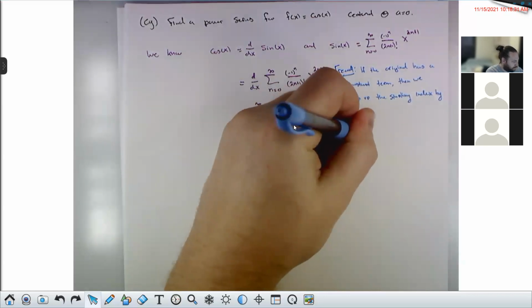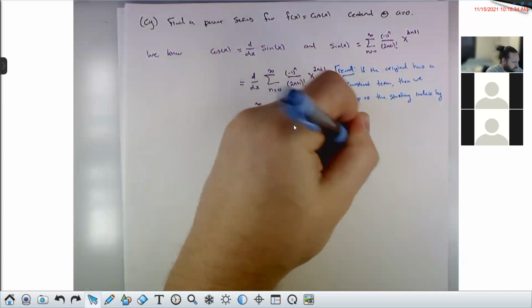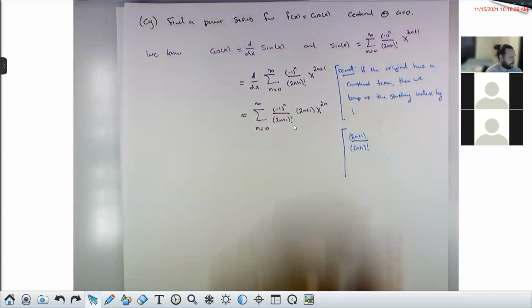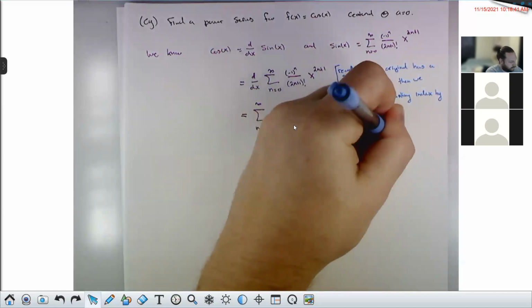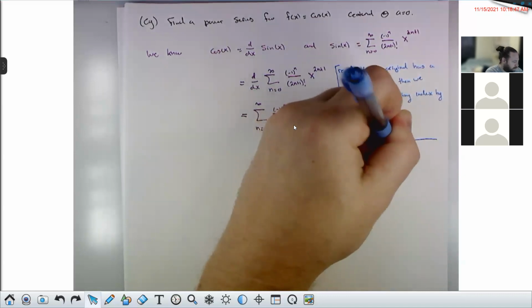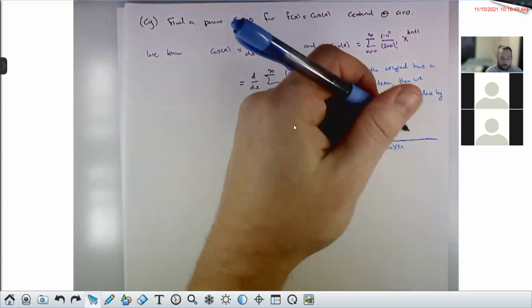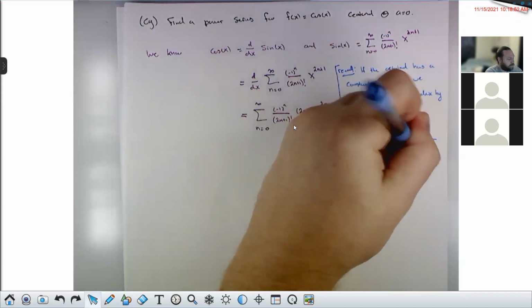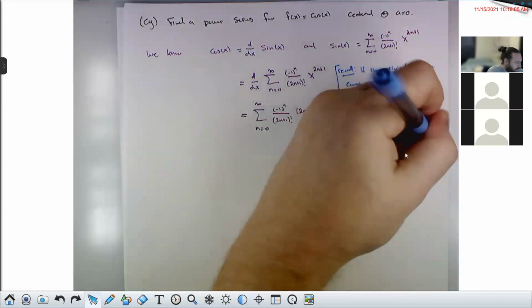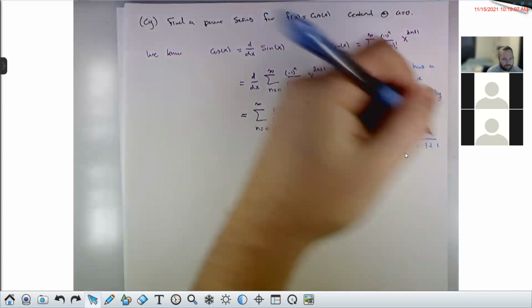So that's 2n plus 1 over 2n plus 1 factorial, which is 2n plus 1 divided by 2n plus 1 times 2n times 2n minus 1, all the way down to 3 times 2 times 1.